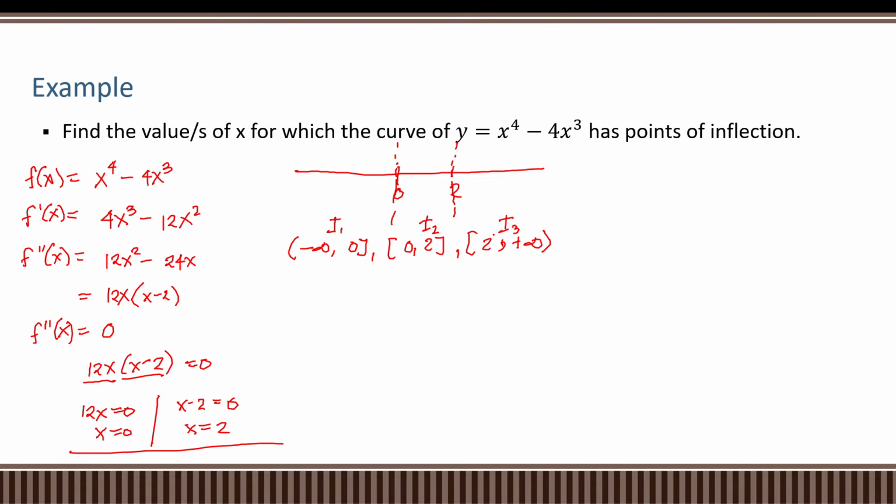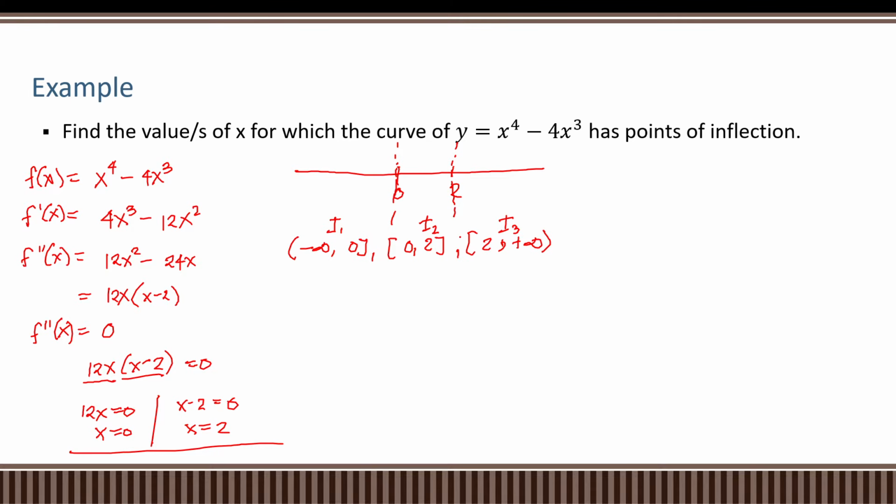The next step is to test these intervals, whether the concavity is upward or downward, that is, whether there is a change of sign from upward to downward, then downward to upward.